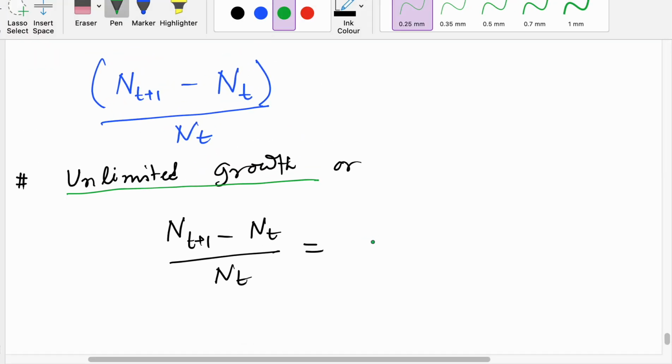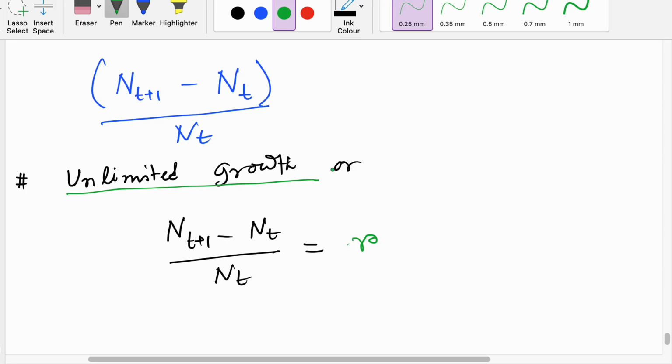Right, it should be r. Per capita, the per individual growth rate will be constant, because there are a lot of resources they can use, and if they use the resources, they will reproduce at a constant rate.